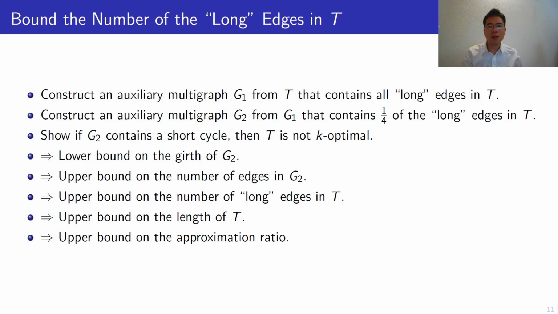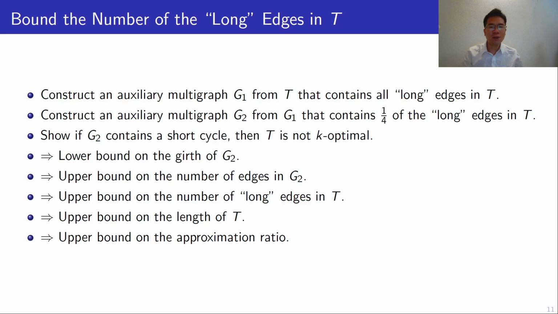So how to bound the number of long edges in T? First, we construct an auxiliary multigraph G1 from T that contains all long edges in T. Then, we construct an auxiliary multigraph G2 from G1 that contains a quarter of the long edges in T. We show if G2 contains a short cycle, then T is not k-optimal.